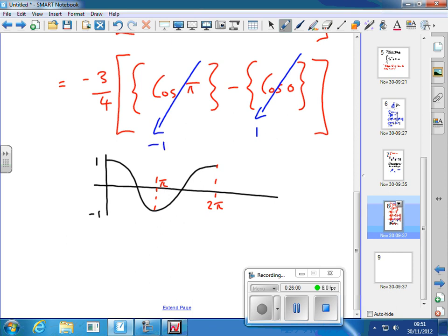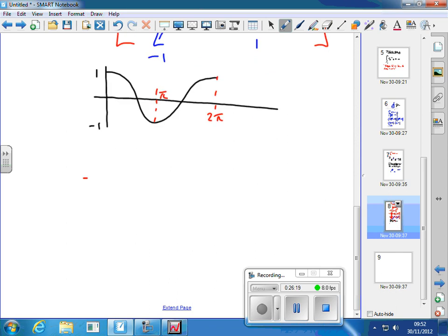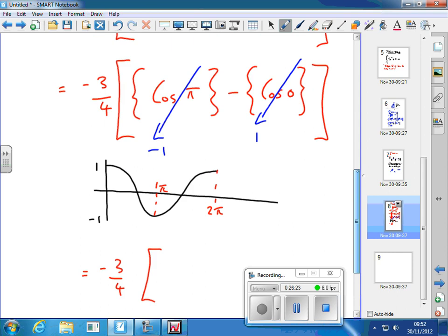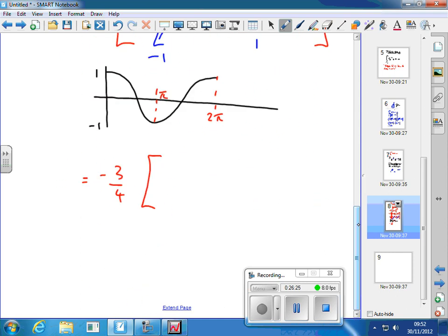So if you understand that curve and you can see that in your mind, which I'm hoping you will be able to, you could almost write down what they are. You don't really need to put it into a calculator. Of course, you can, and you get the same answer. So this turns out to be minus 3/4 of minus 2.